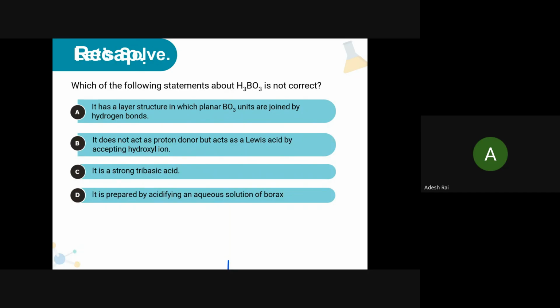The other was hydrolysis of boron trihalide. In that we studied that BF3 undergoes only partial hydrolysis, it does not undergo complete hydrolysis. The ratio is 1:3. Remember that for 3 water molecules we end up with only 1 boric acid in the BF3 case. Sorted? Okay, moving on.